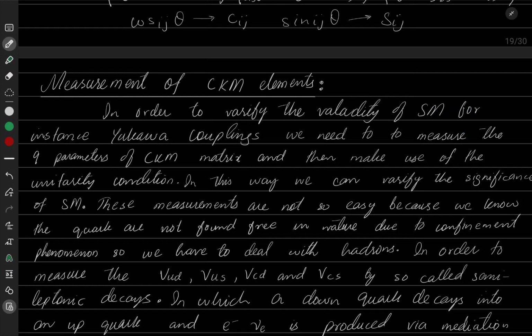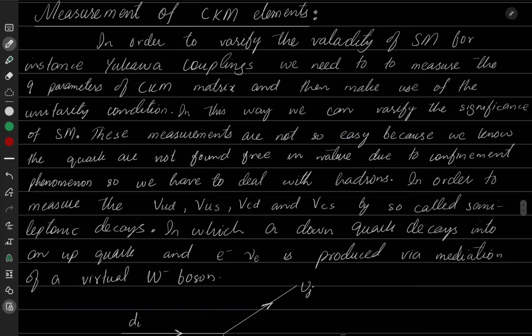So to verify the standard model theory, we need to verify that the CKM matrix exists, and if it exists, it should be unitary, because that is the only thing which the theory tells us.